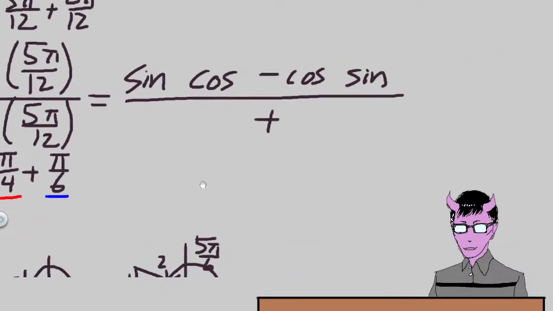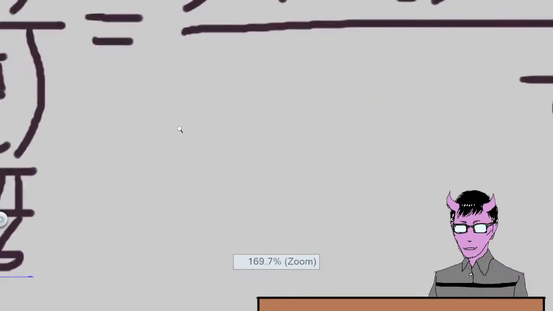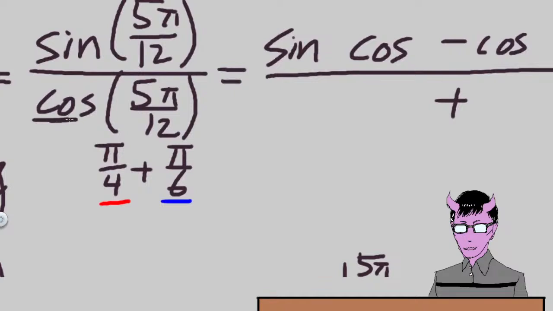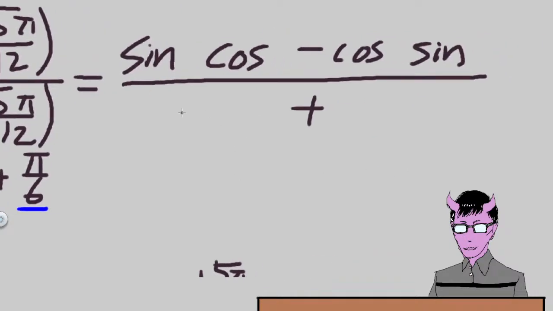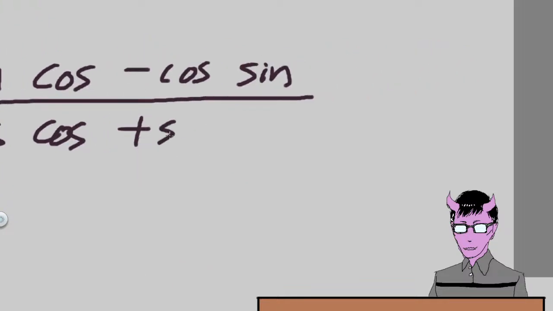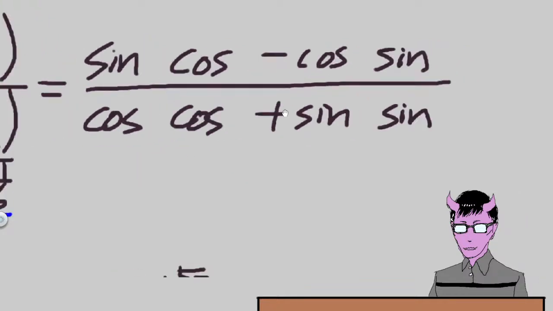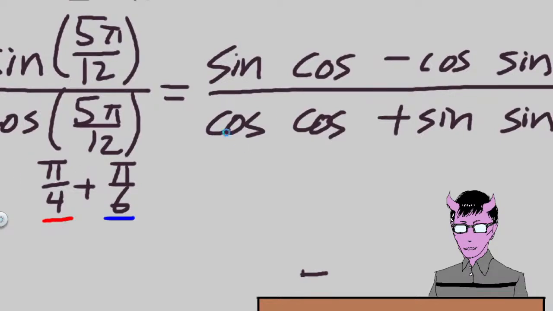For the cosine one, it's going to be plus on the bottom. But for cosine, you keep the two types of trig functions together separately. Wait, that sounds weird. But keep the cosine with the cosine and the sine with the sine. So cosine first, and sine second. Alright, term number 1 is pi over 4.